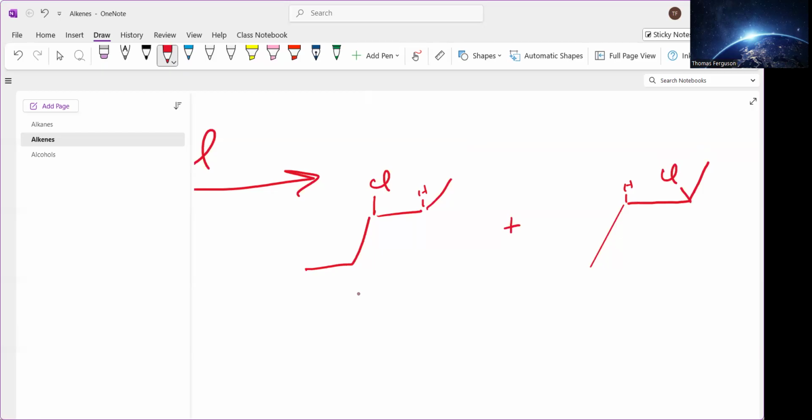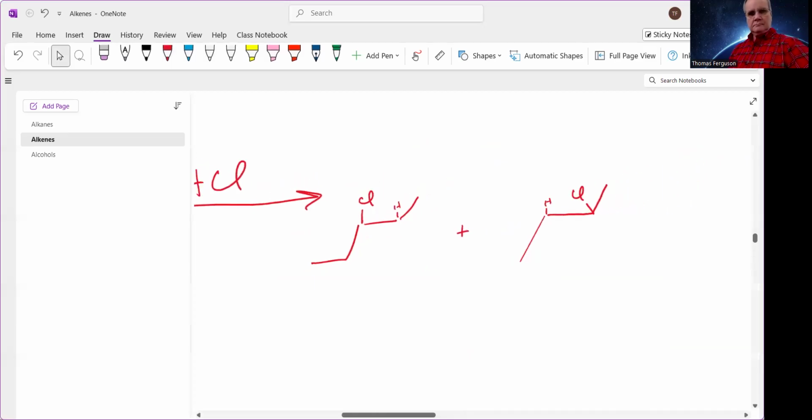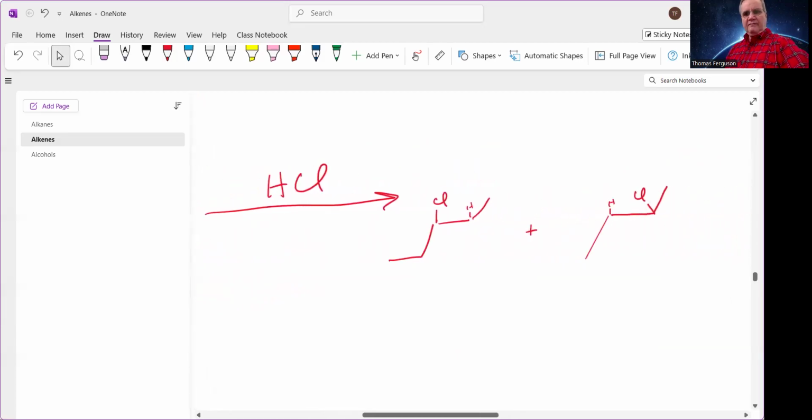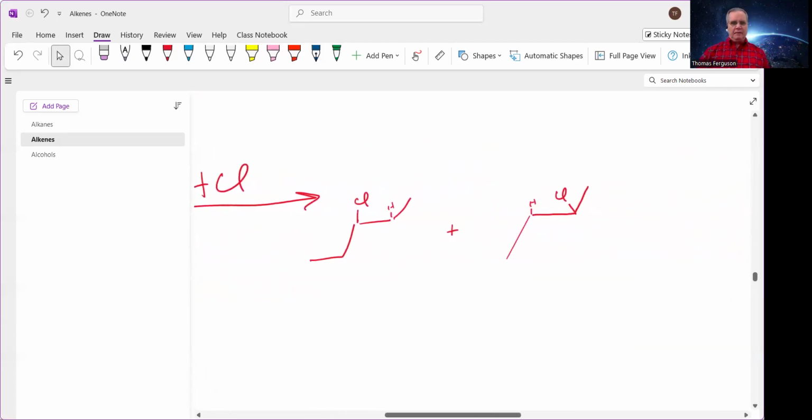Now the question is, we have a mixture. Which is more stable? Okay, so we have two rules to go by. Let's get rid of the H for now.